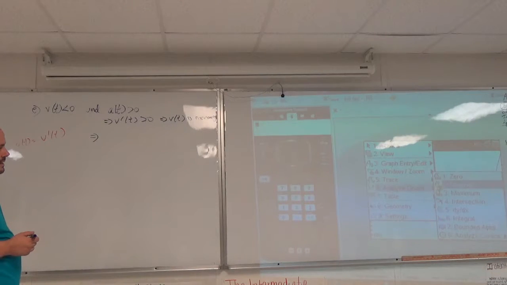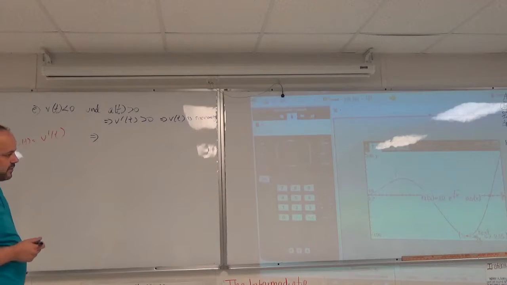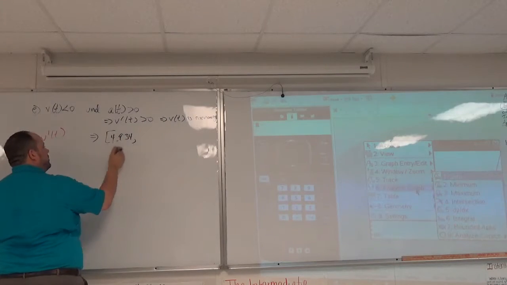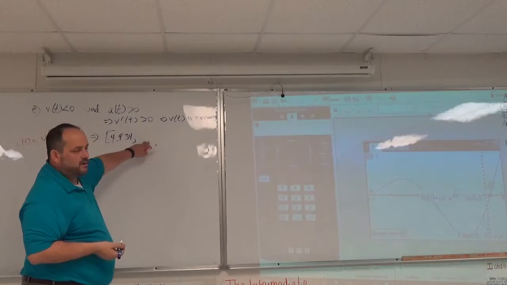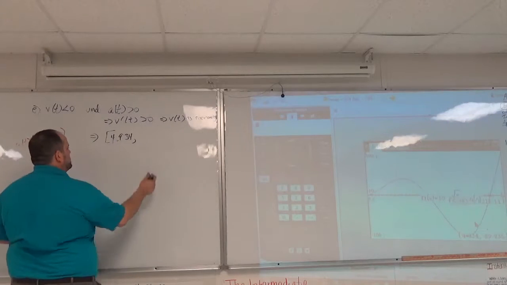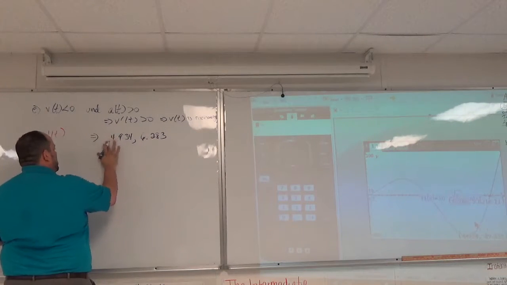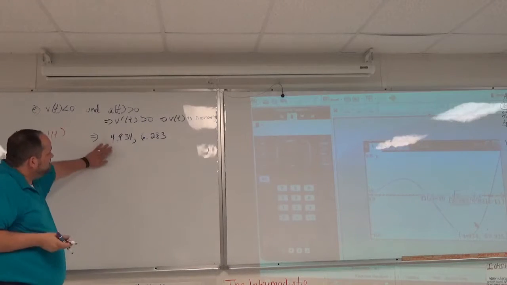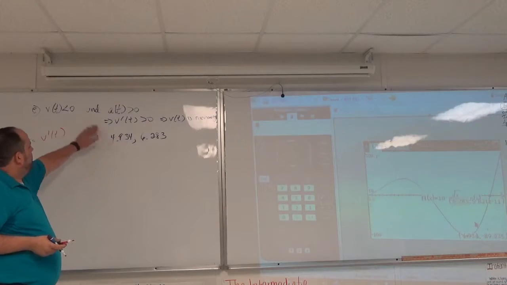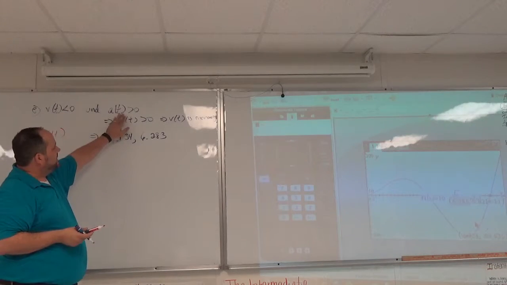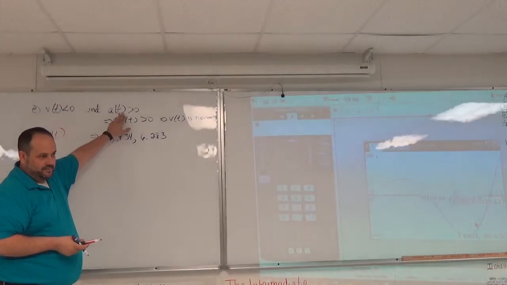Okay, what are those values going to be? So Aaron, minimize, what is that, 4.934? 4.934, and then what I heard was we already know what the other root is. The other root is going to be 6.283. Now, I've got my picky pants on today. We are talking about velocity being negative and acceleration being positive.